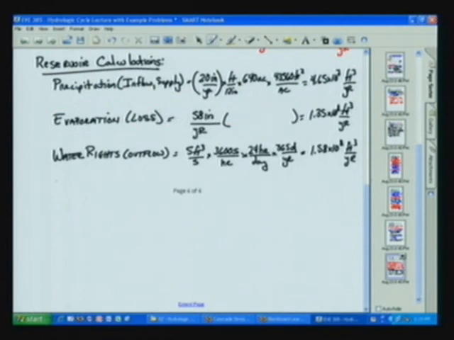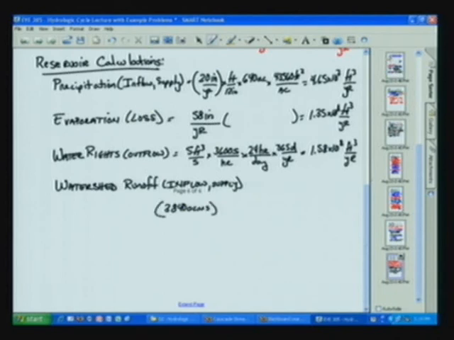Then we have watershed runoff, which is an inflow or supply, and that is 3,840 acres at 0.5 CFS for every square mile.